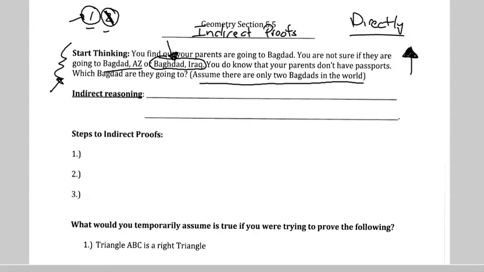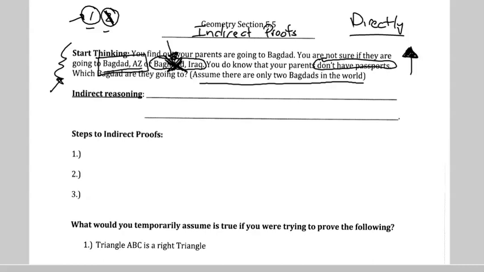You know they need a passport. Then you state the fact that they do not have a passport. You can see this is a contradiction. They need to have a passport, they don't have a passport. Therefore, the temporary assumption must be false. They can't be going to Baghdad, Iraq.